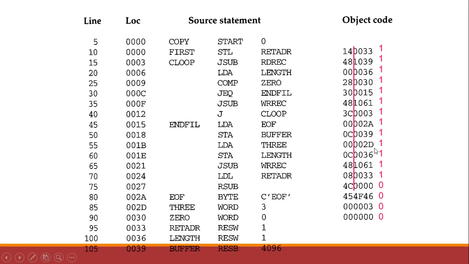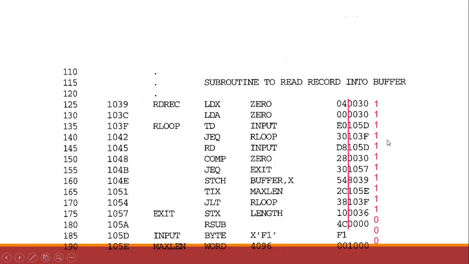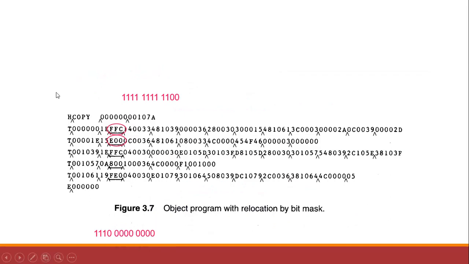Till here, all the object codes need modification, so the relocation bit will be 1. There are 10 records, so 10 ones. Then there are 12 bits, so the remaining bits are 0 because they are not used.